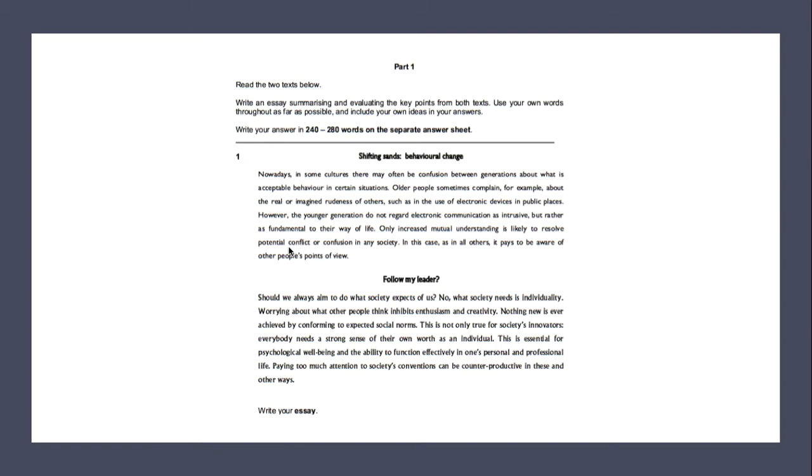Conflict, disagreement, confusion, chaos, or lack of resolution. Okay, here, let's come up with some synonyms. Let's paraphrase. Everybody needs a strong sense of their own worth as an individual. People must follow their own personal guidance in regards to creativity and personal expression.